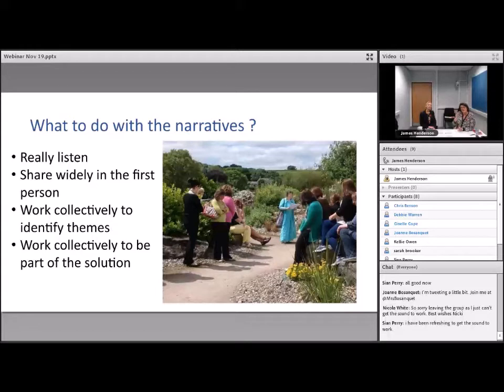So this picture here is of a project that I supported in Wales, and it was a project gathering experiences of miscarriage.